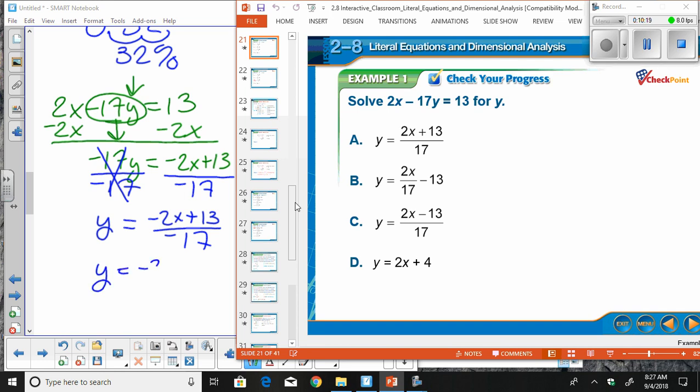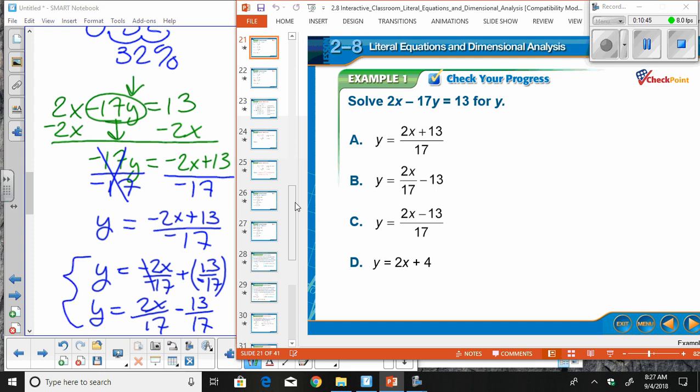Y is equal to negative 2x over negative 17, and plus that 13 over negative 17, which would come out to be y is equal to 2x over 17, because two negatives make a positive, and minus 13/17. Now, they do not have it written like this. I just want you to see that you can take it a step further.